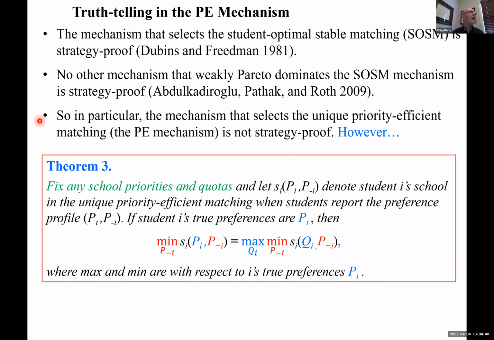Certainly, if you give me something that's Pareto efficient, let's see. Actually, no. I think what you're saying is it has to weakly Pareto dominate the student optimal stable match. So take something that's Pareto efficient, weakly Pareto dominating the student optimal stable match. Could it be priority efficient under some tie-breaking rule? That's the question. I don't know the answer. Could easily be yes. I'm guessing the answer is yes.